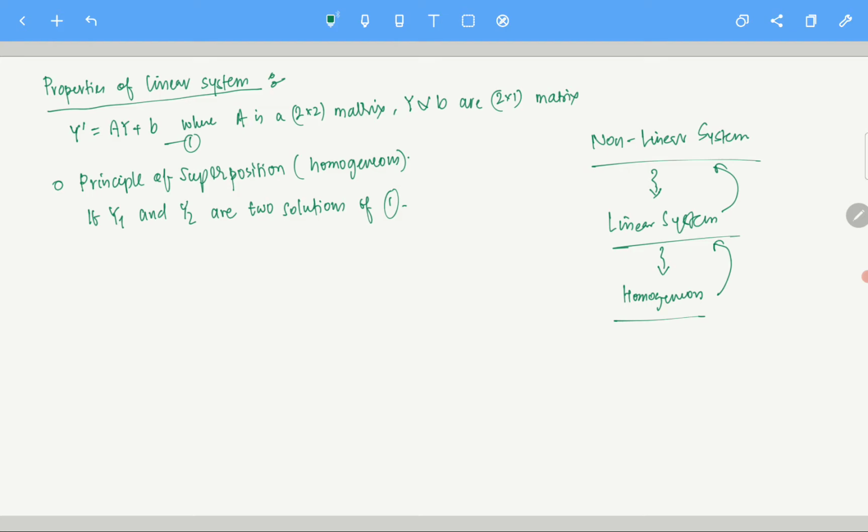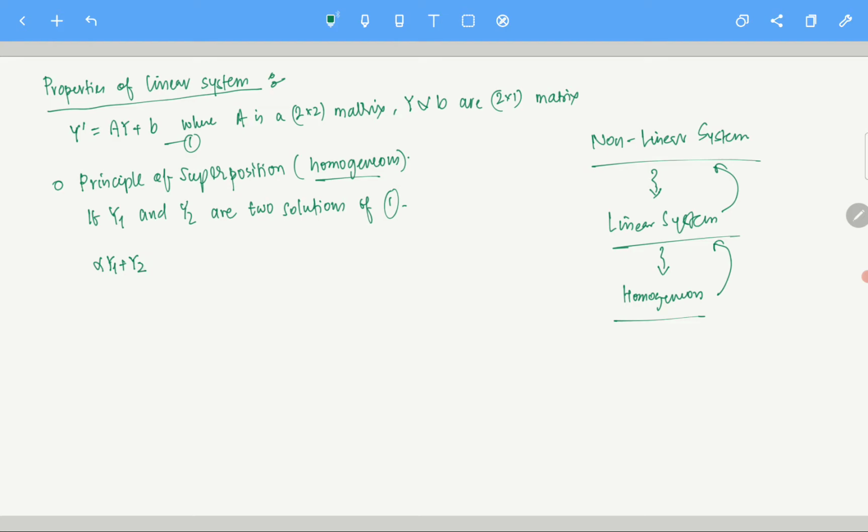Maybe I will explain to you later what I mean by solution. For now, let's just say there are two solutions, and we want to see what's happening. So b is 0, homogeneous. Let's say there are two solutions and alpha is some scalar. So I want to talk about what happens to alpha y1 plus y2.